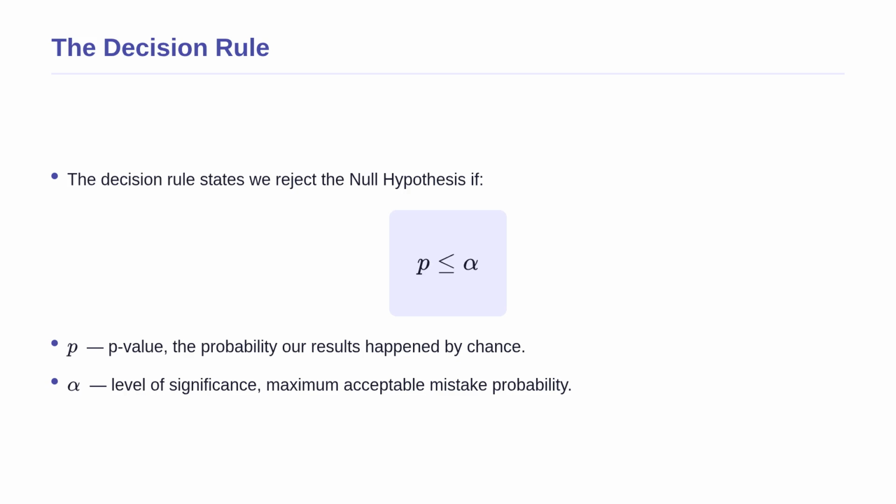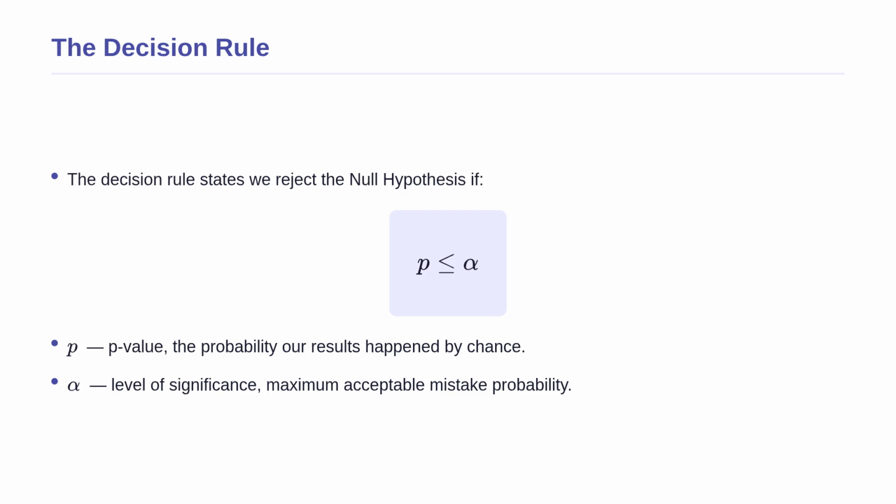This brings us to the ultimate decision rule of hypothesis testing. We reject the null hypothesis if p is less than or equal to alpha. Let us break down these symbols. The letter P stands for the p-value, which tells us the chance of our results happening by pure luck. The Greek letter alpha represents the level of significance.